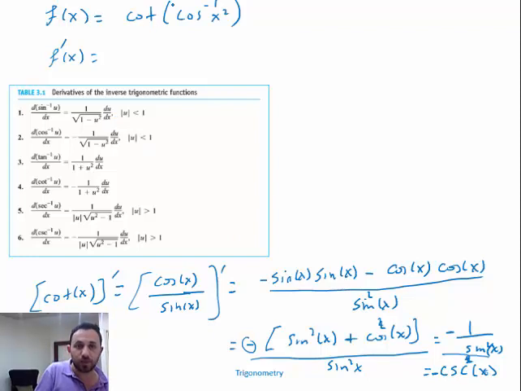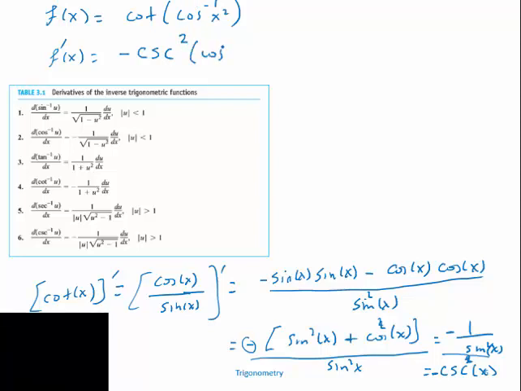What is the derivative of this cotangent? Regardless of what function it holds, whether it is x or any other function, the derivative of cotangent is minus cosecant square of the function it holds, which is cosine inverse x square.